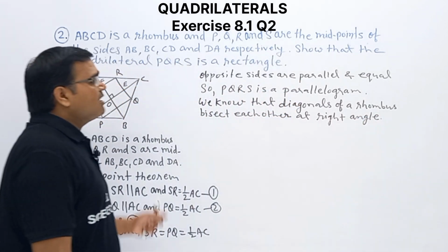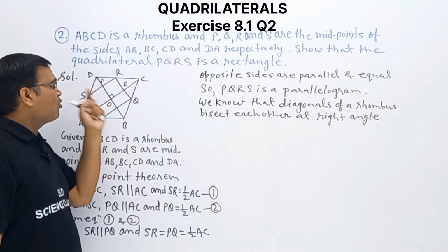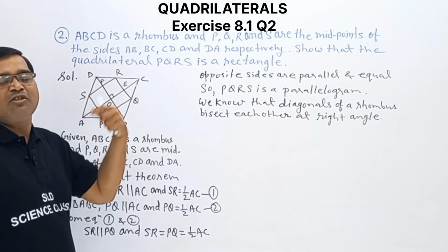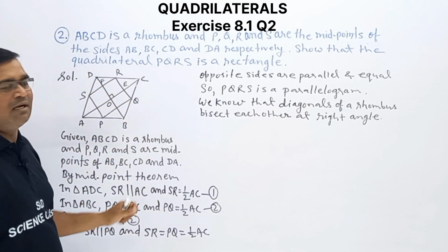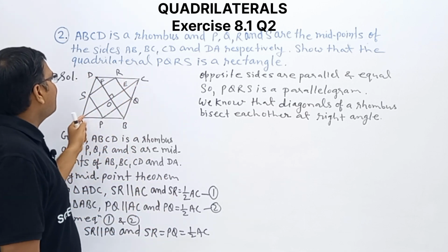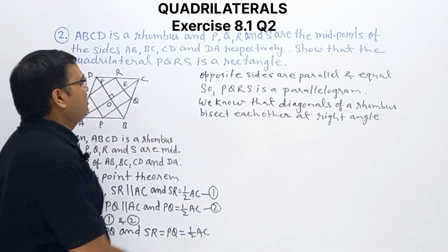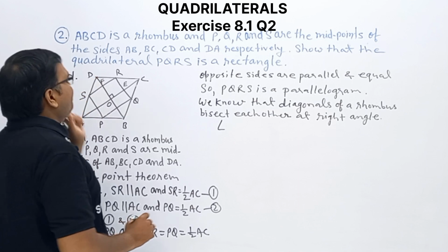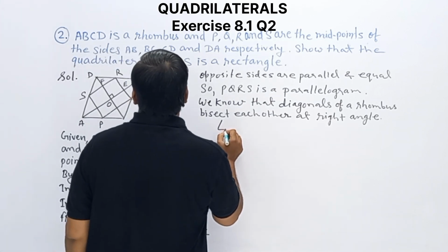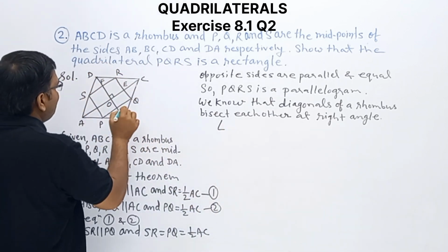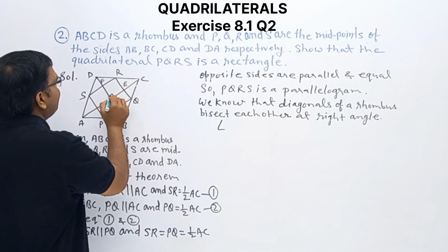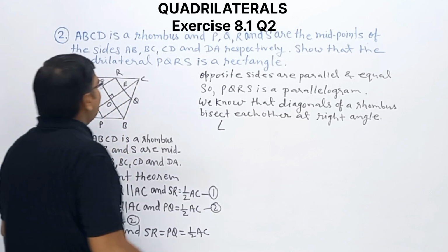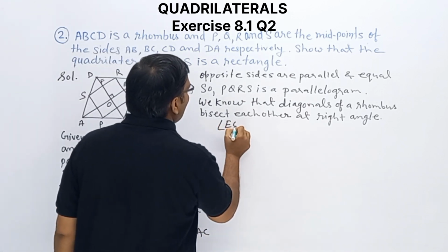This is the condition for the rhombus. A rhombus is a parallelogram and all sides are equal. In the rhombus, the diagonals bisect at 90 degrees. So angle EOF: the diagonals of ABCD are BD and AC, and they bisect at 90 degrees. Clear?